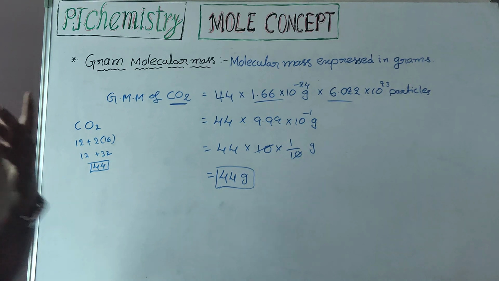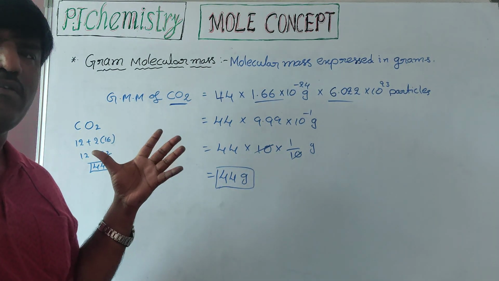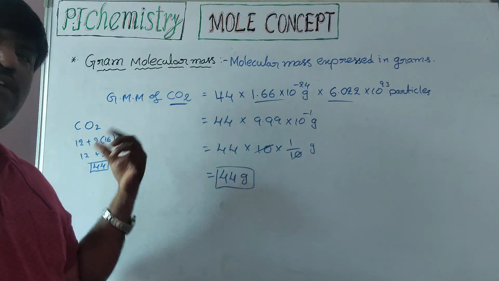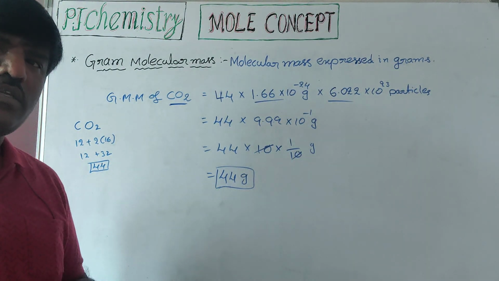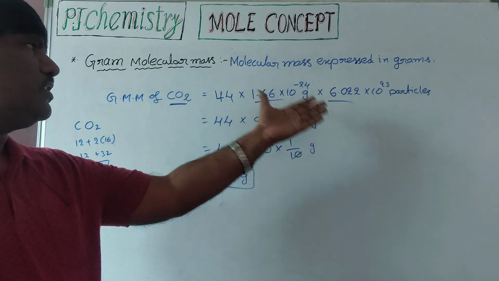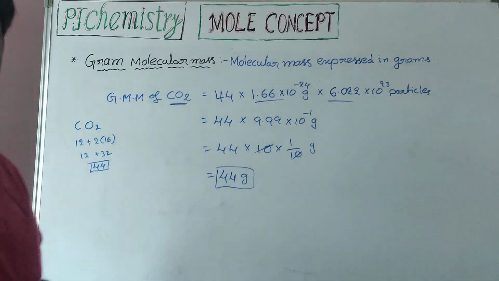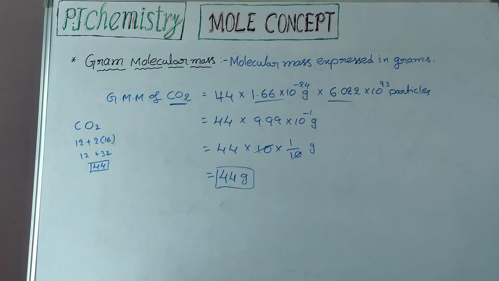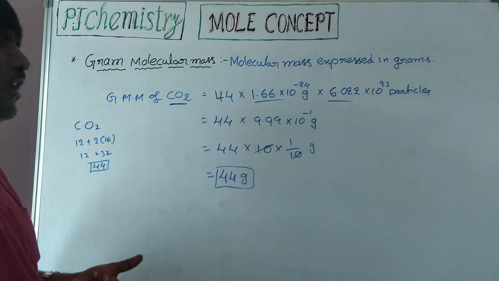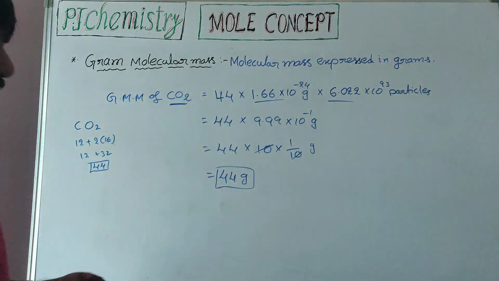You take any element, any molecule, find out first its relative molecular mass, then go the same way. All this is not required directly. You can express in grams that particular relative atomic mass or relative molecular mass. That is what we call gram molecular mass, or gram atomic mass if it is an atom.